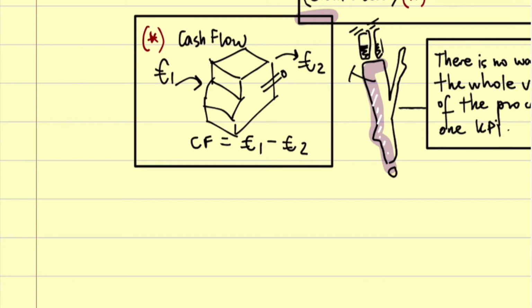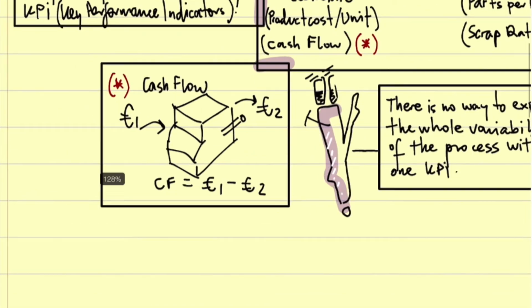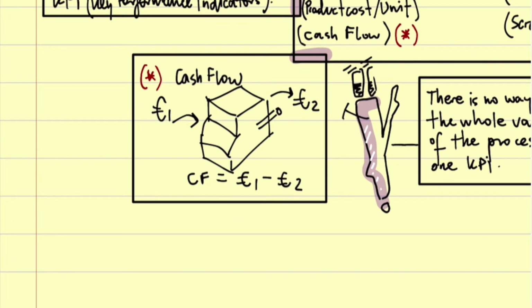Because we cannot explain the whole variability of a process with only one KPI, the only way to know how we're doing is by looking at several KPIs.